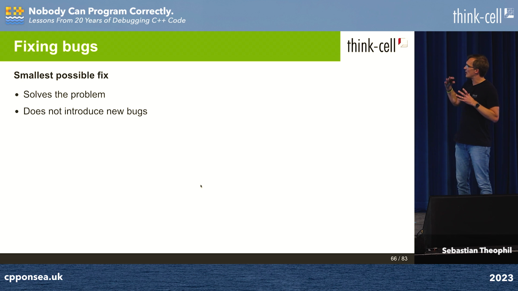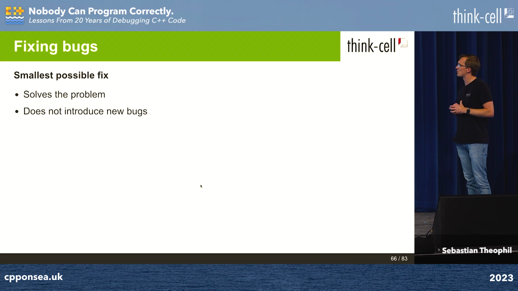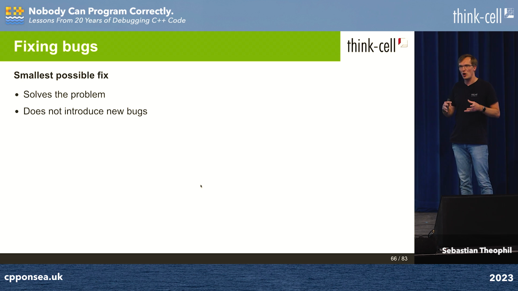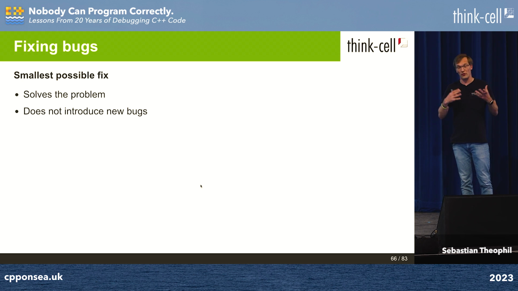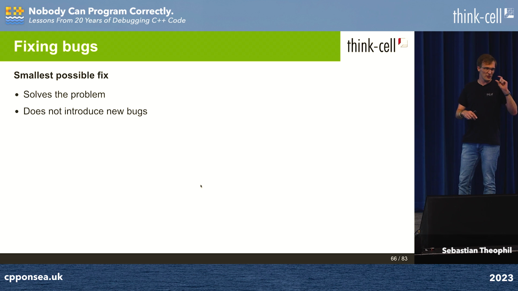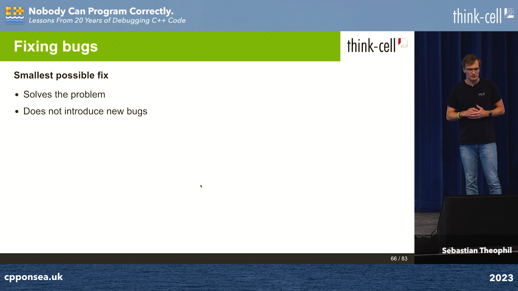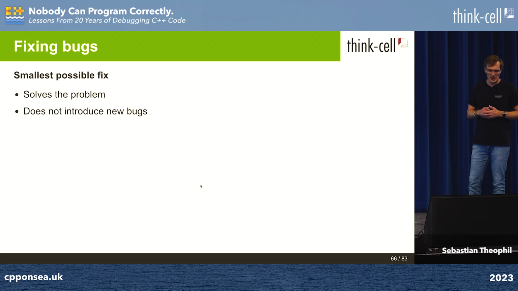And here, people often recommend that we should write the smallest possible fix that solves the problem. Because that runs the smallest chance of introducing new problems, right? We keep the fix small, less chance of new bugs appearing. And I wouldn't phrase it that way. I would phrase it differently.